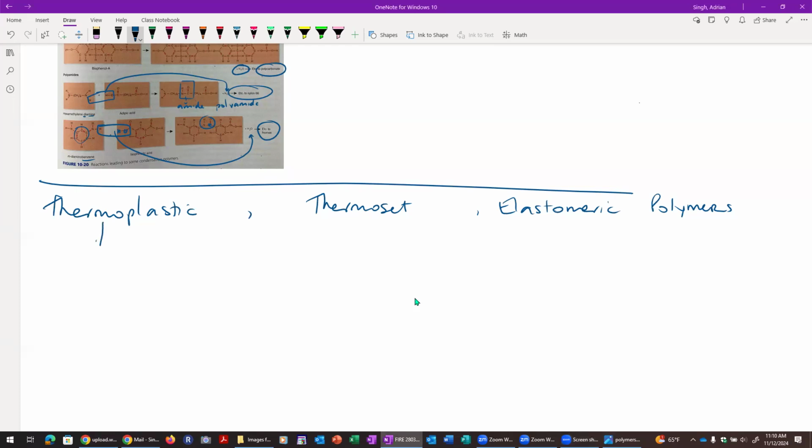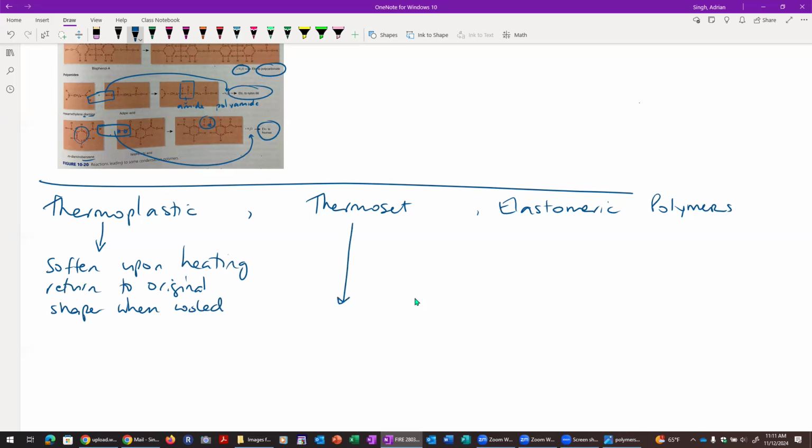In a thermoplastic polymer, the characteristic is that they soften upon heating, and they also return to their original shape when cooled. So that's their defining characteristic.